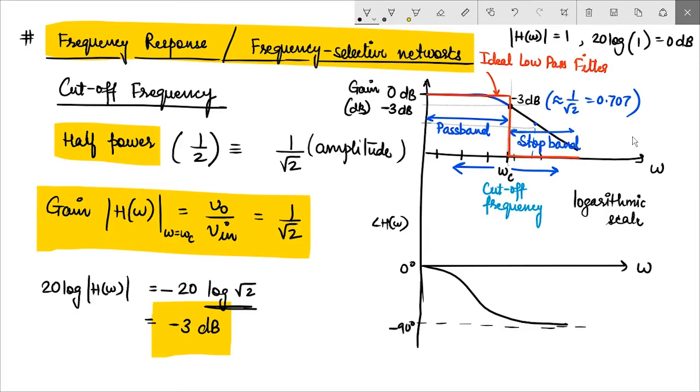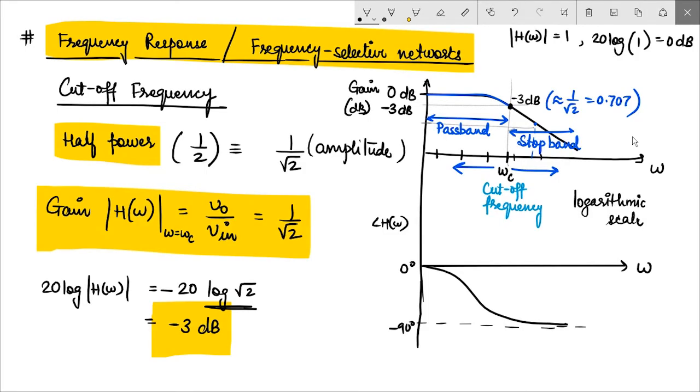Ideally that is how a filter would look, but we are talking about practical filters which are made using R, L, and C elements, and this is how the frequency response of such a filter would look. We can of course make a practical filter come closer to this ideal nature if we can somehow make the roll-off near the cutoff frequency steeper. This can be done by increasing the order of the filter, by connecting more stages, or by using various types of filter designs like Chebyshev or Butterworth filters.